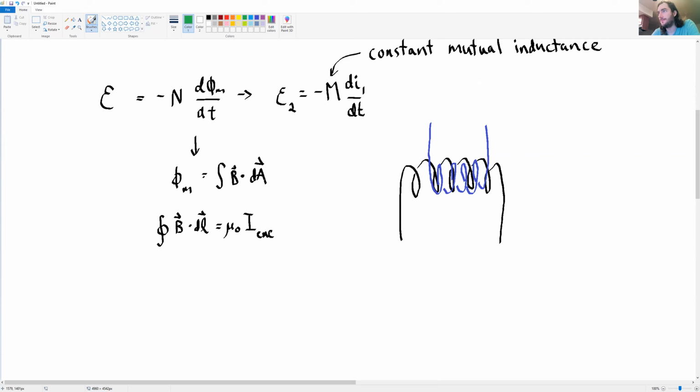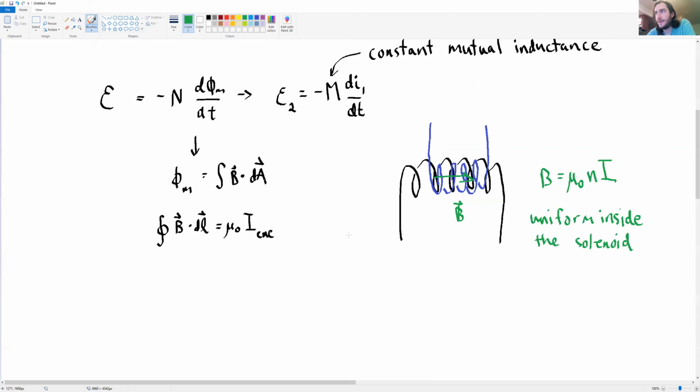So the magnetic field inside of a solenoid has magnitude mu 0 lowercase n times the current I. And it's very uniform inside the solenoid.